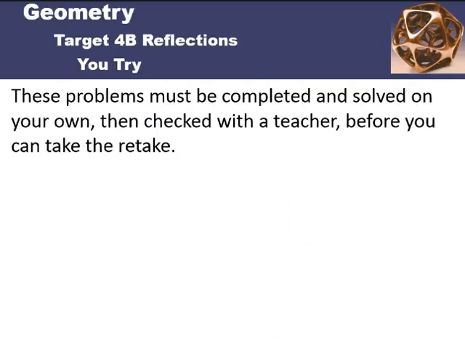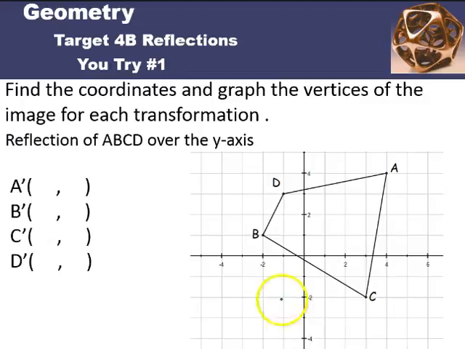Okay, and that's it. So the following problems you have to do, check with your teacher, a math lab teacher, a help lab teacher, or tutorial support or geometry support teacher to make sure you did the problems correctly. So here's your try number 1. It looks like we're reflecting over the y-axis, so you should try that.